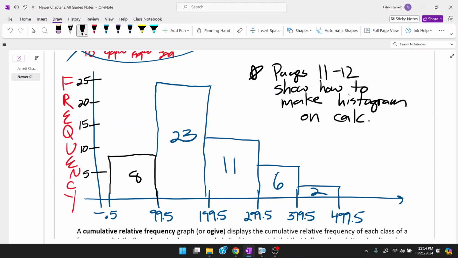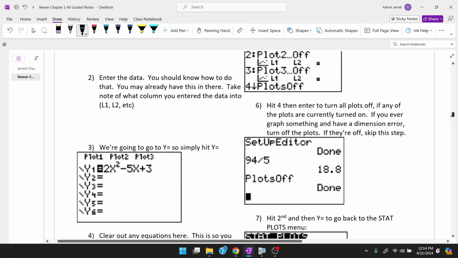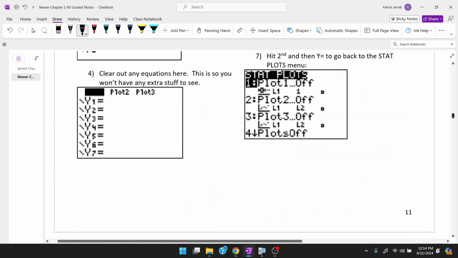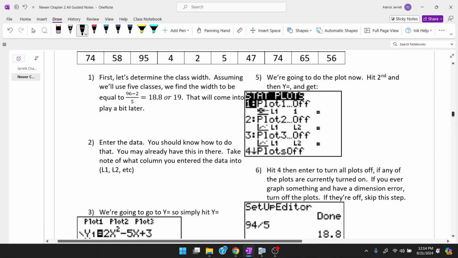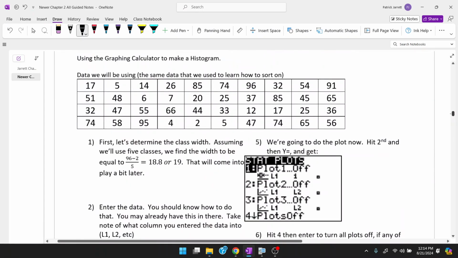They're using all different data, but we're going to use the same data that we had. So if you look here at pages 11 and 12, namely, yeah, class width, well, we already know what our class width is going to be. So we're not going to use this data here.